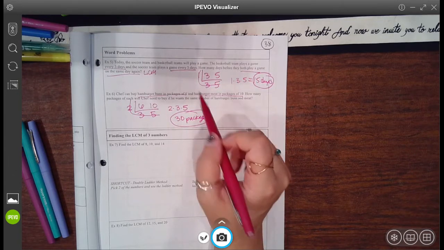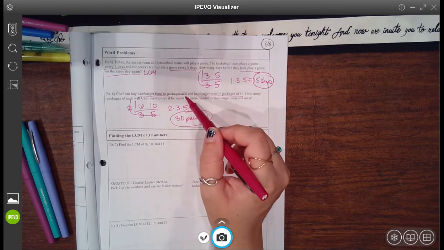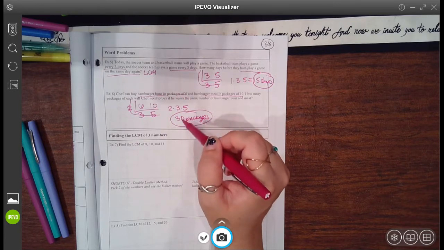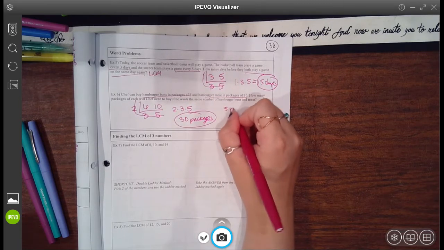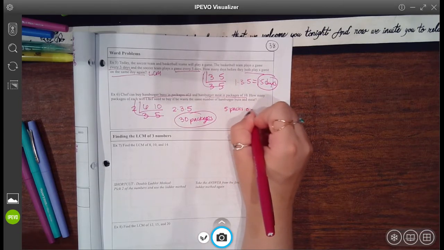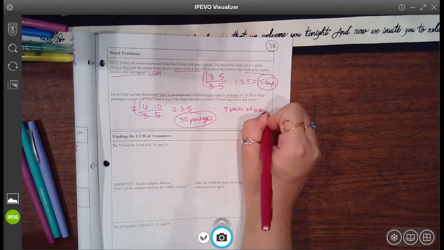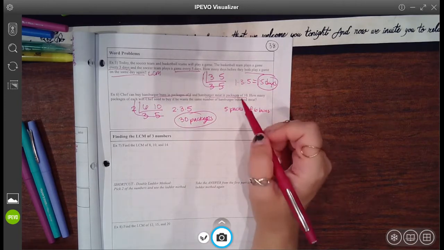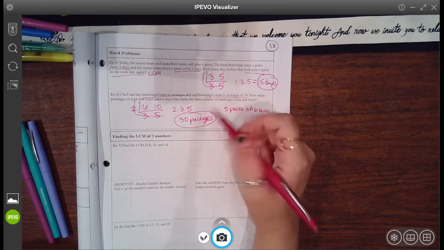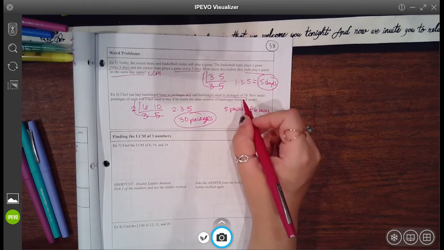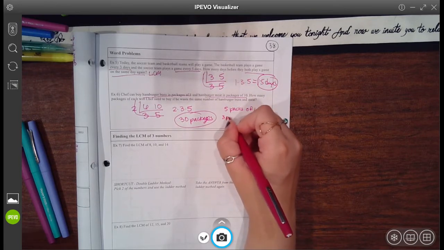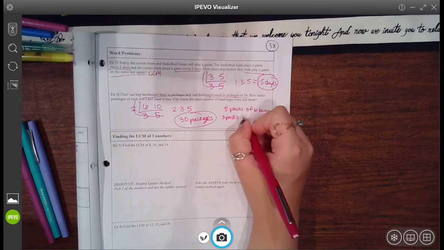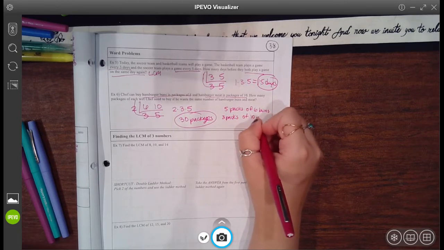So if the buns come in packages of 6, how many times does 6 go into 30? 5. So 5 packs of 6 buns. And these come in packages of 10. So how do you get 30? 3, right? Because 10 times 3 is 30. So 3 packs of 10 patties.